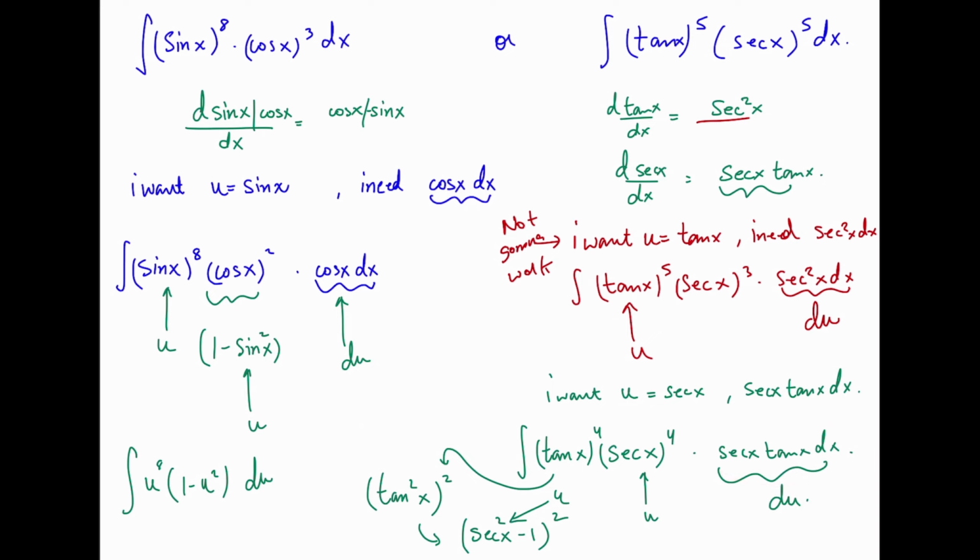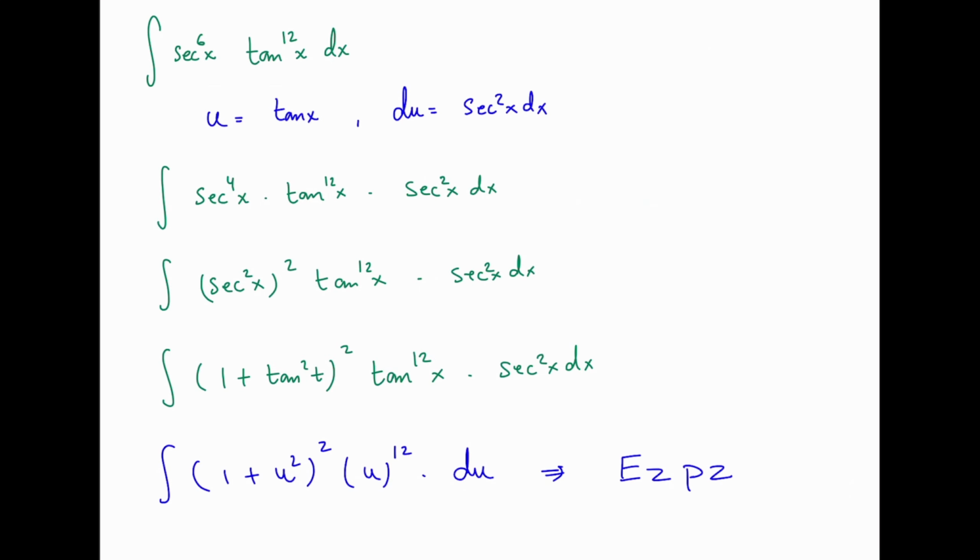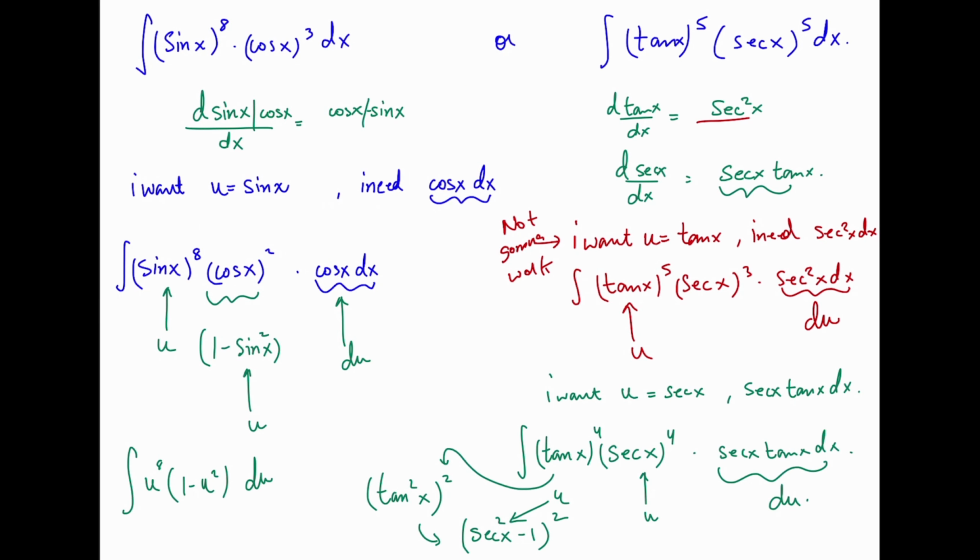And now you can convert the remainder, tan x to the power 4, write it as tan squared squared, and because tan squared x could be written as secant squared x minus 1, you have now everything converted into an integral of secants, right? And then you substitute as u, so you would be able to get to that result very easily.